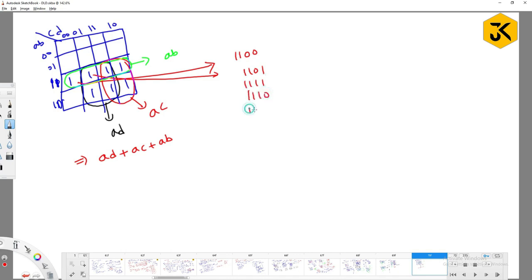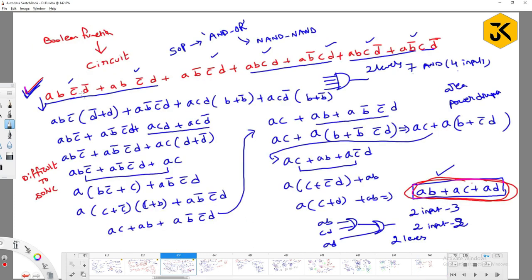The last line values are 1001, 1011, 1010. Meaning that this should be 12, 13, 15, 14, 9, 11, and 10, right? If you write those values in decimal, you get those values only.